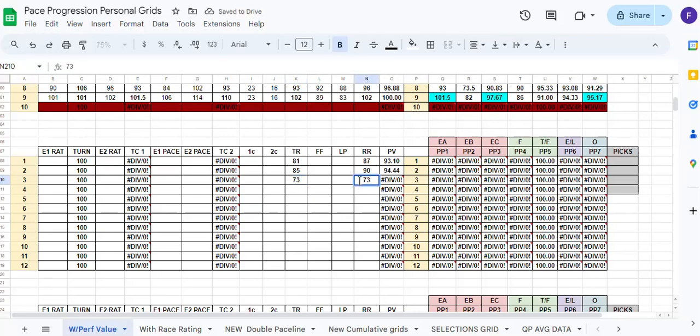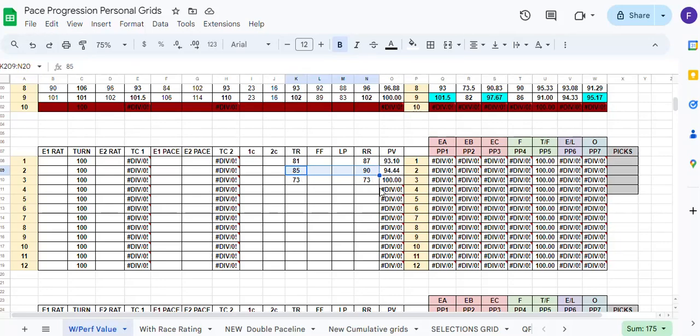That stays as a 73. Now he has a performance value of 100, which is 5.56% higher than the horse that's obviously ran in a more competitive race based on the method that we're using for race rating, and a horse with a 12-point higher target rating.